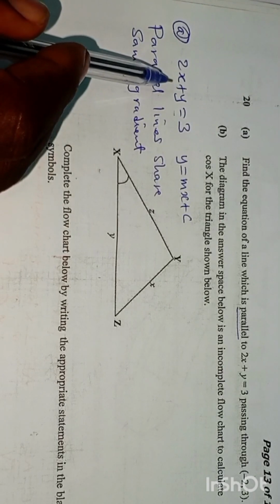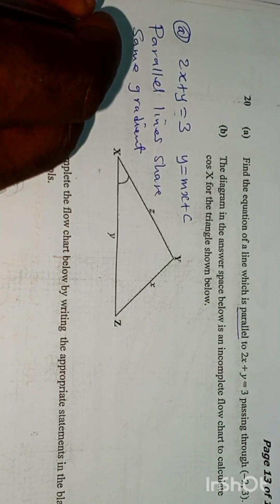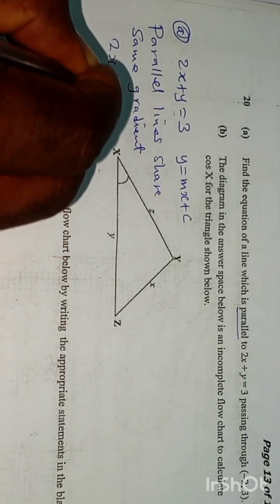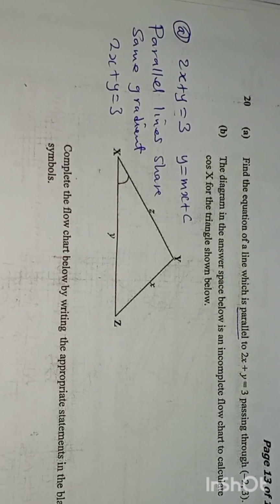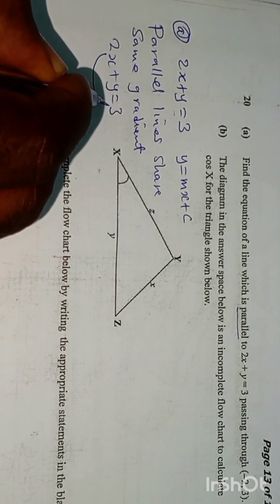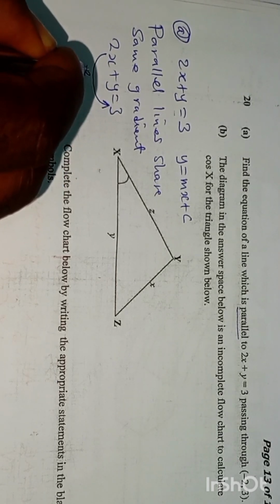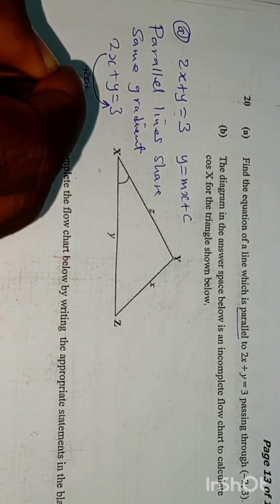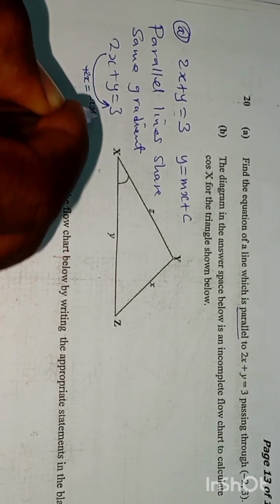So how do we find the gradient? We have 2x plus y equals 3. To find the gradient of this line, the first thing you have to do is make y the subject of the formula. So 2x will go this side. It was positive 2x. When it crosses the equal sign, it will be negative 2x.